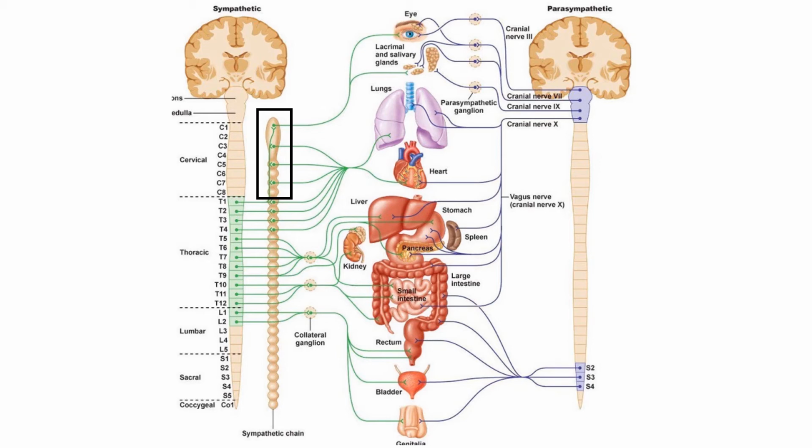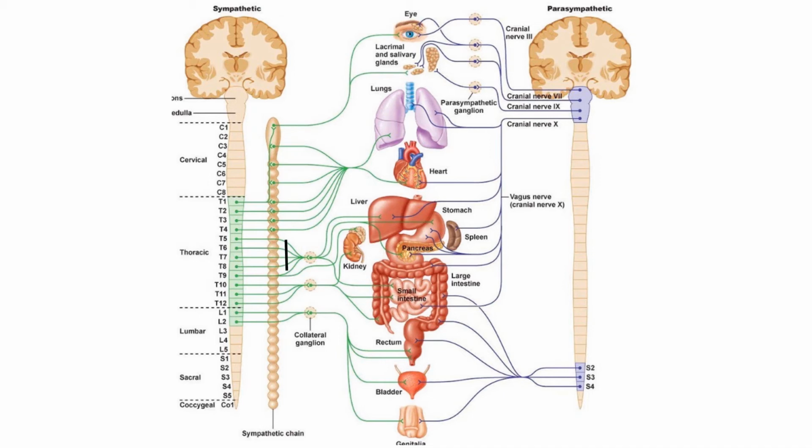That is a different way for postganglionic fibers to travel. And they come from the upper thoracic segments, and they travel through blood vessels to the eyes, salivary glands, lacrimal glands, and other target organs.